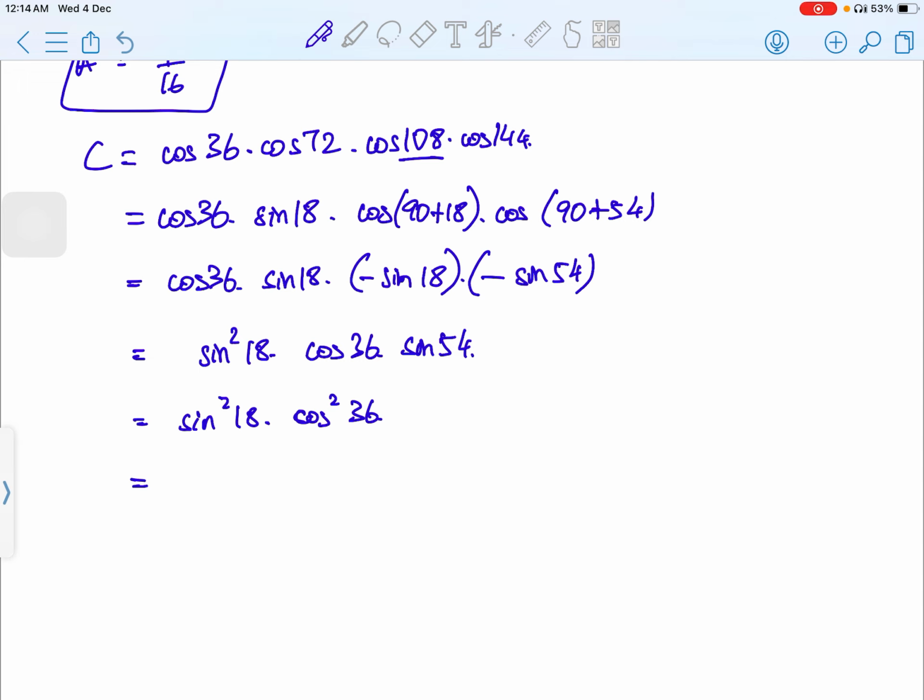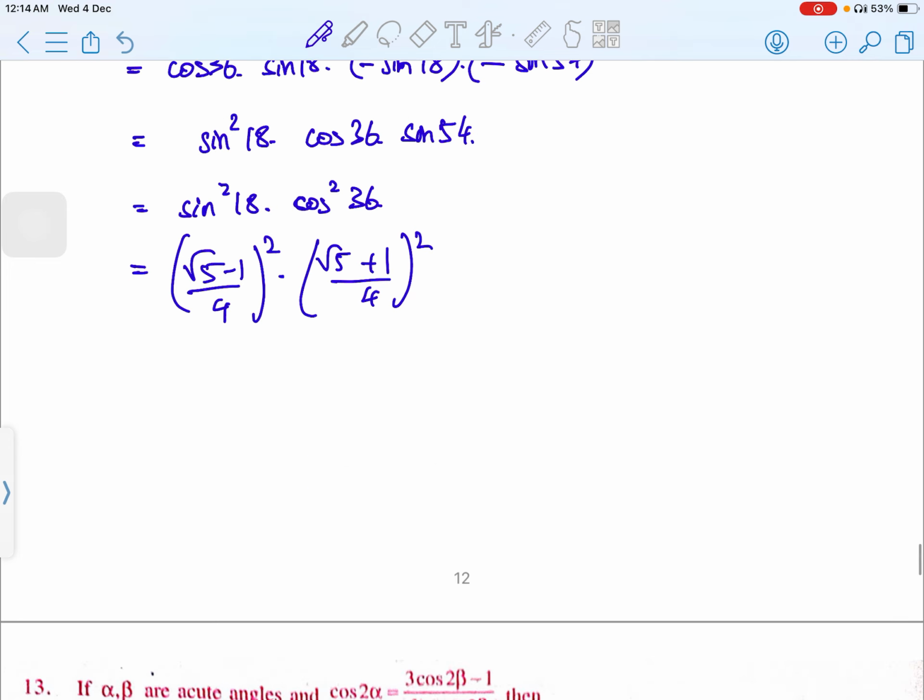So what is sin 18? Root 5 minus 1 by 4, the whole square. Root 5 plus 1 by 4, the whole square. If you solve the numerator now, or you can take that whole square common. Okay, so it will be 4 into 4, root 5 minus 1 into root 5 plus 1.